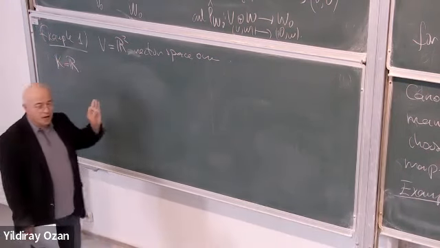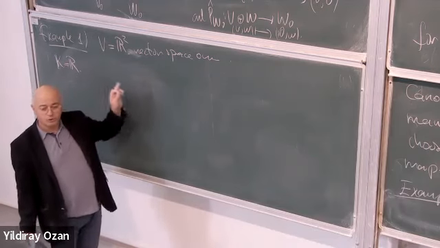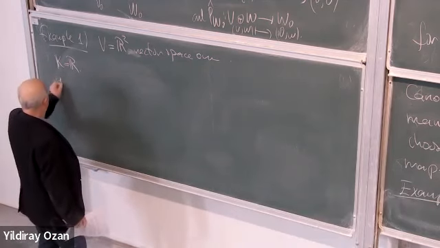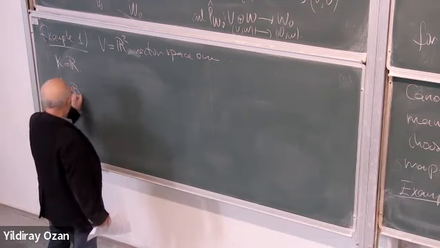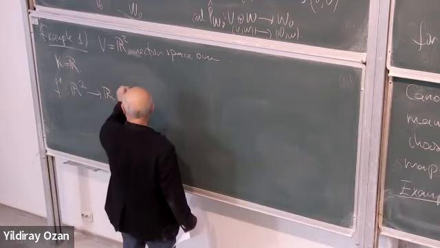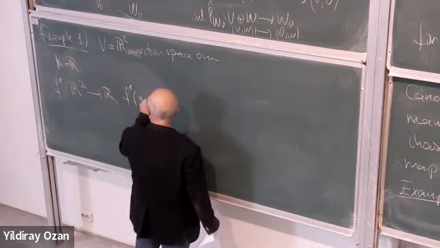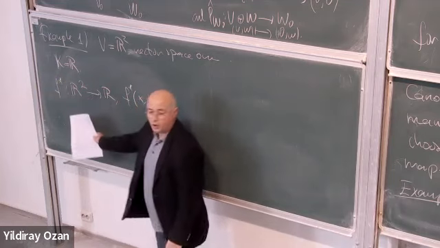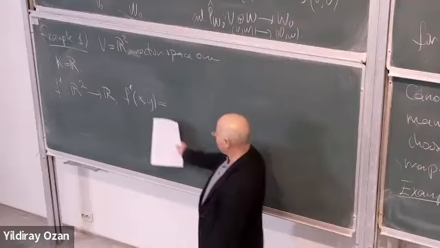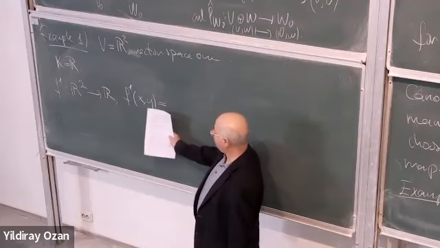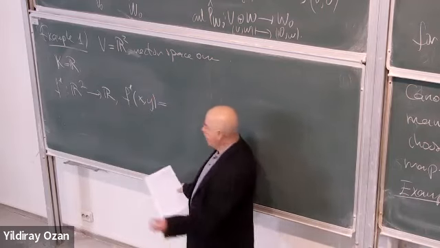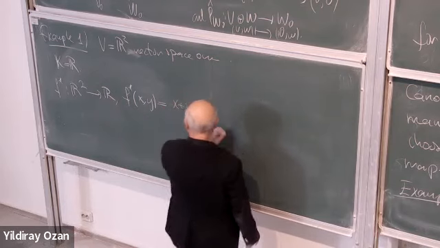So the elements of V star are just linear maps from R2 to R. R2 consists of pairs of real numbers like X, Y. Can you tell me an example of a linear map from R2 to R? X plus Y, for example, which is a linear map.